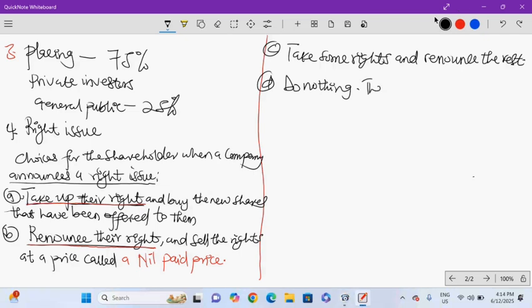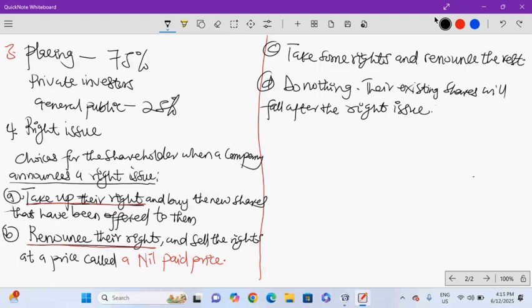Their existing shares will fall after the right issue.